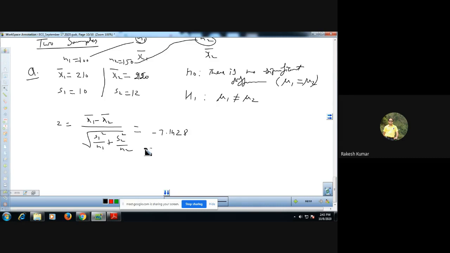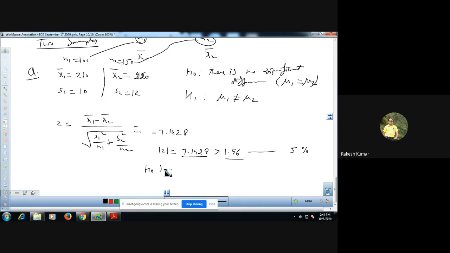But you know that we shall always take its absolute value, so 7.1428. Now the level of significance is not given, so we shall take 5%. This value is bigger than 1.96 at a 5% level of significance. This calculated value is bigger than the table value.